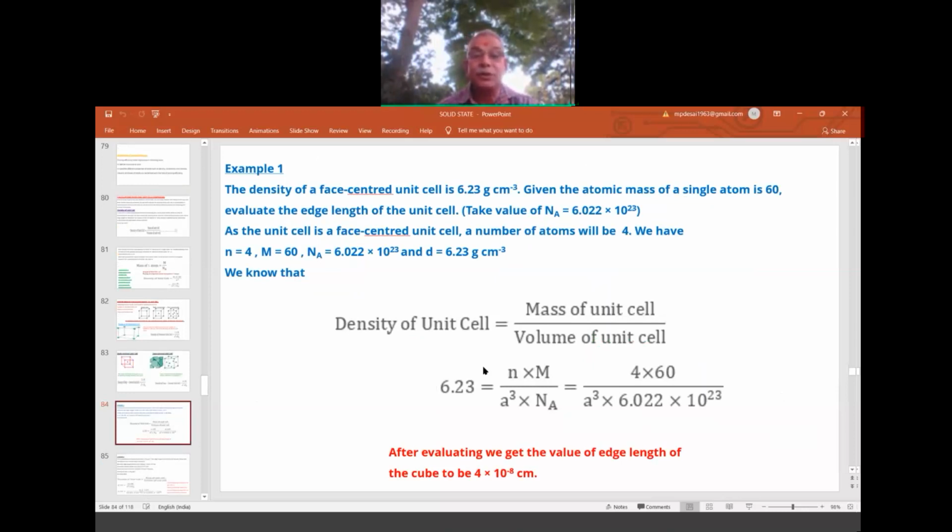I have taken this directly from the textbook. Very easy, so kindly go through it. You can solve it easily using density equal to mass by volume.